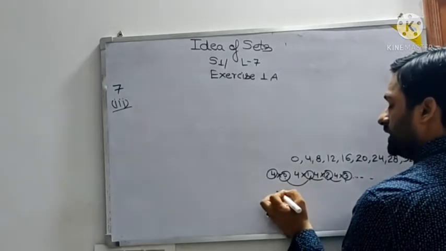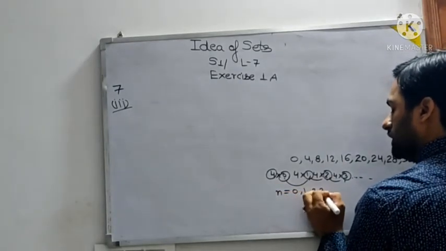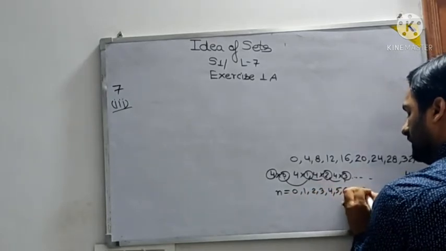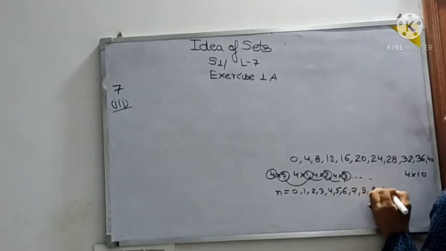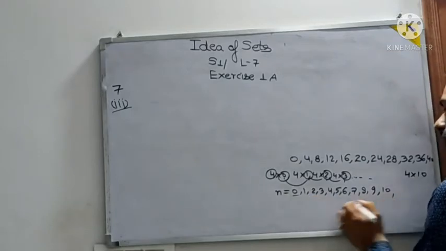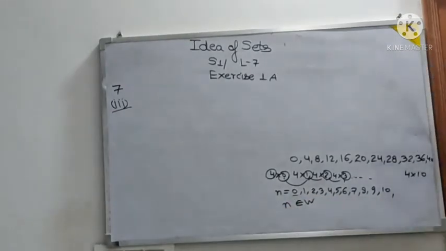So you have to generate a series starting from 0, 1, 2, 3, 4, 5, 6, 7, 8, 9, 10. Can I say it starts from 0, so it will belong to which group? n is an element of whole numbers, for sure.